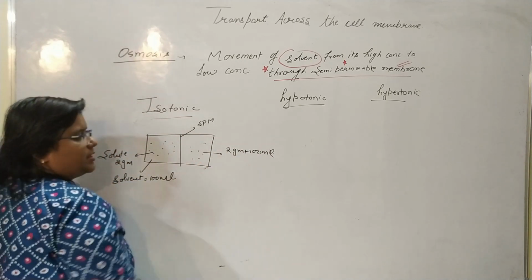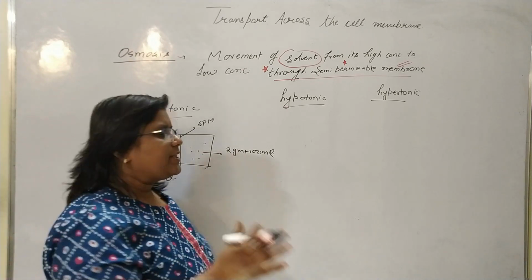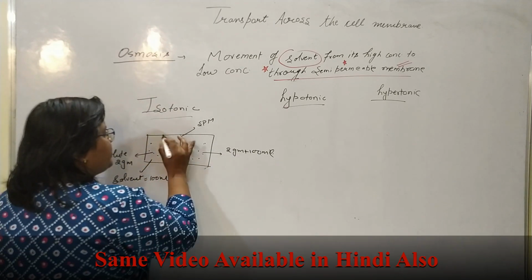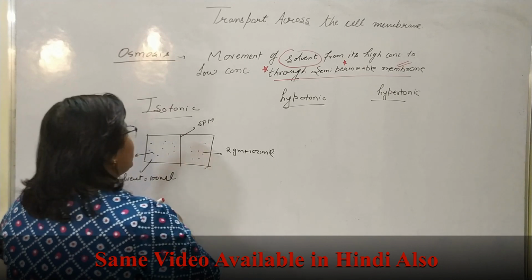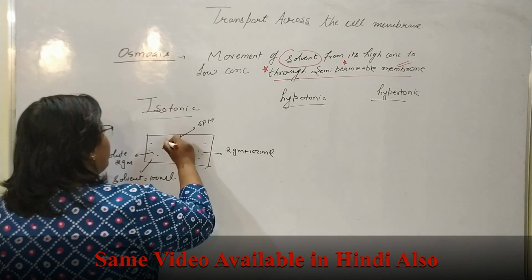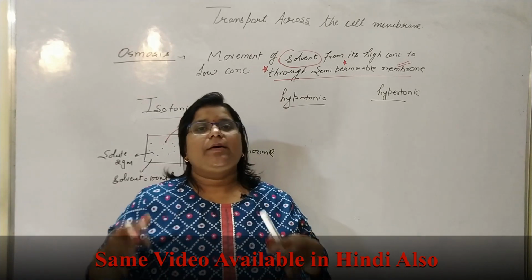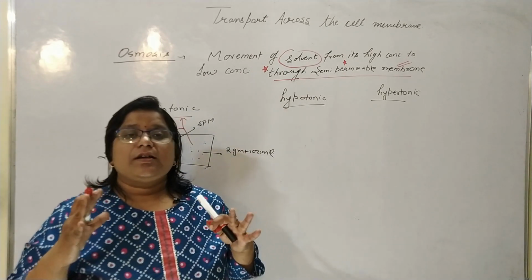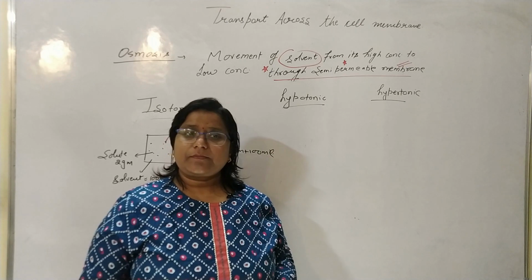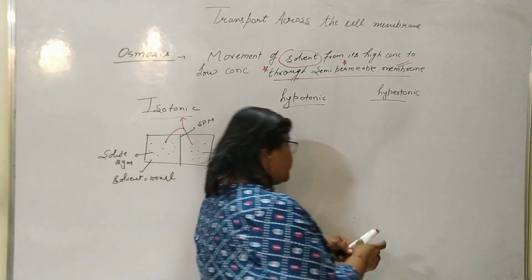So these two chambers are isotonic to each other, which means there will be no movement of the solvent. Now the second one is the hypotonic.